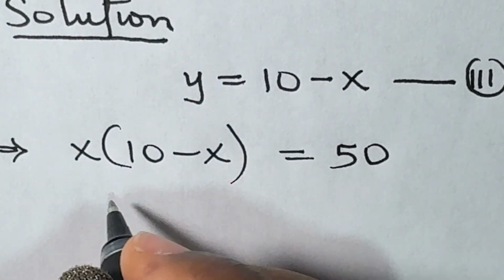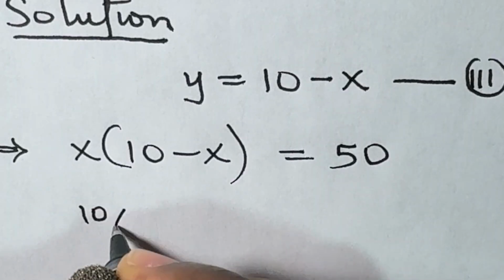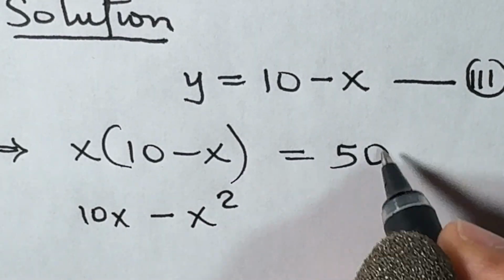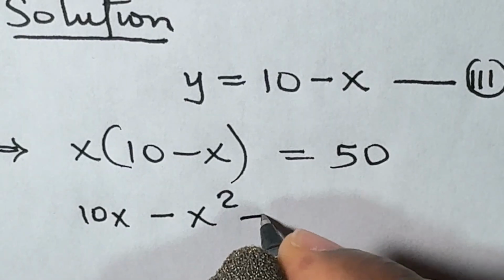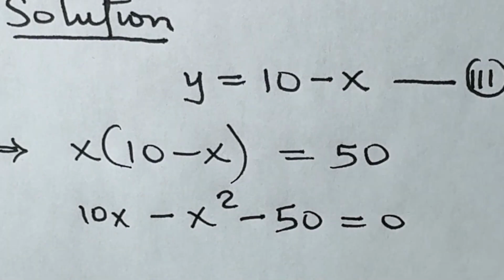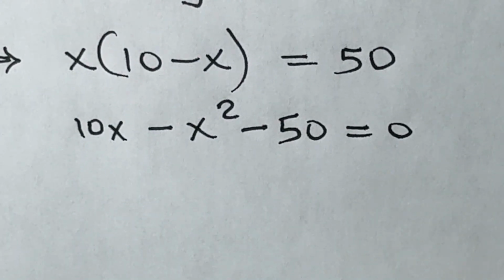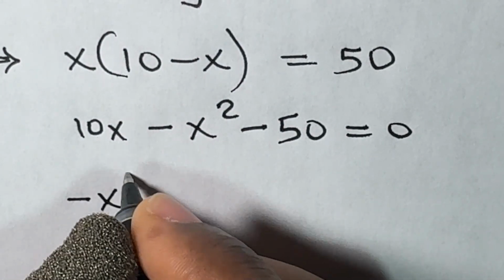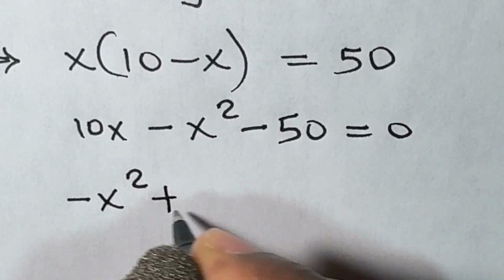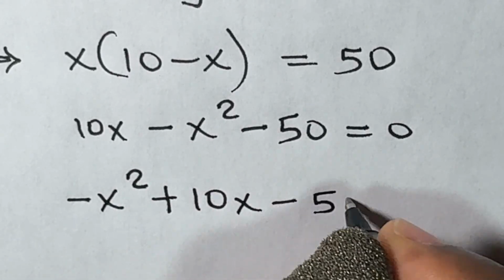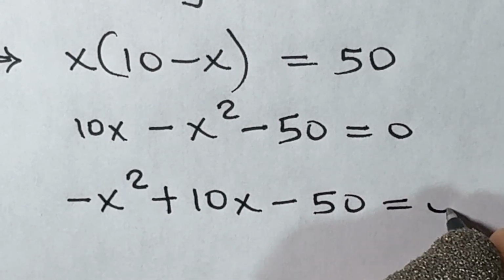If I open up this bracket, I get 10x minus x squared. Now I'm transferring 50 to the left, so I'll have minus 50 is equal to 0. If I tidy this up or rearrange, I get negative x squared plus 10x minus 50 is equal to 0.